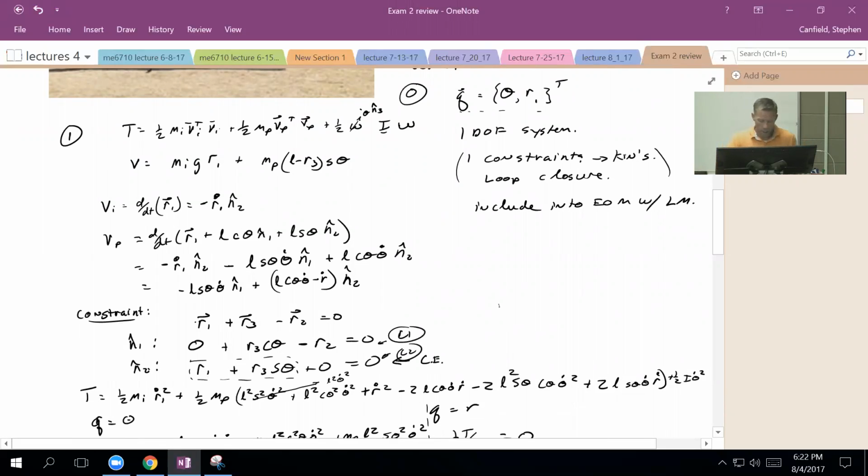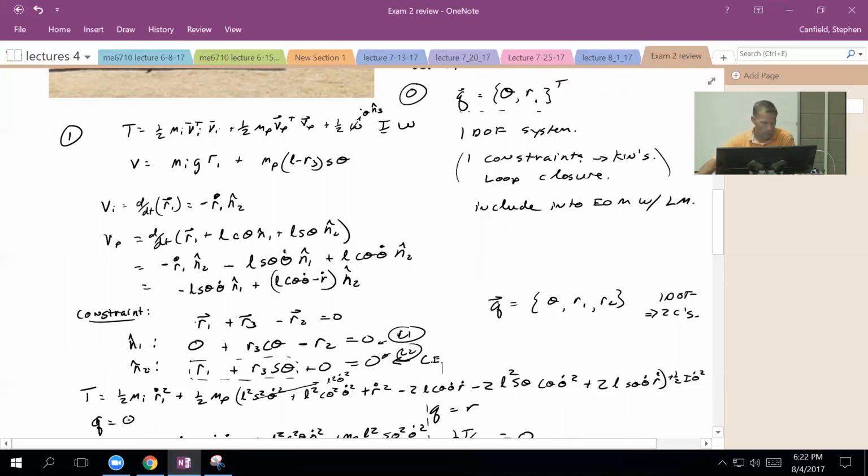Let's say, hypothetically, I chose my generalized coordinates Q to be theta, R1, and R2. Well, again, for a 1 degree of freedom system, that would imply I need two constraints. And here are my two constraints. I could plug these in directly here and get all my terms in terms of theta, or I could just incorporate them with Lagrange multipliers.